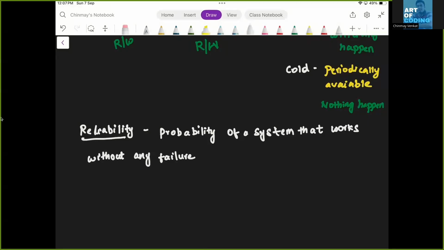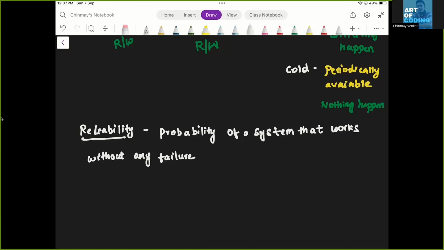Now most people are confused between availability and reliability. Let me clarify both terms very clearly with an example.